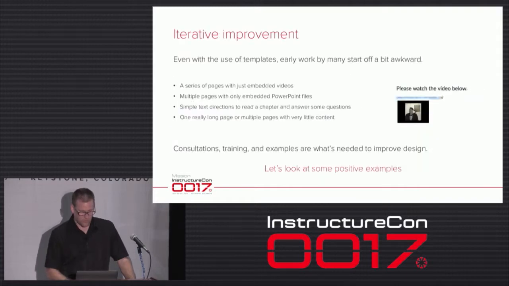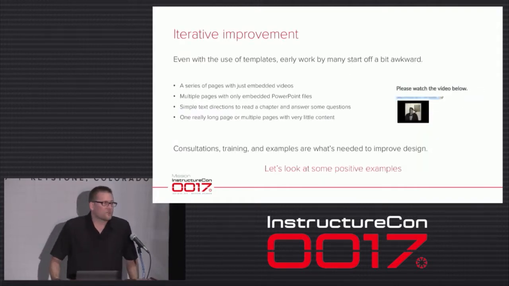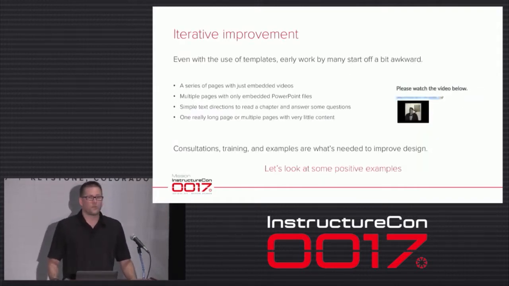But this is not an overnight thing. Obviously, you need to have somebody helping them get started, because it's an iterative amount of changes to get from what you initially receive from some of the departments, which is awkward a little bit sometimes. Like if they have a series of videos embedded on pages and just text that says, watch this video, and that's the only thing on the Canvas page.